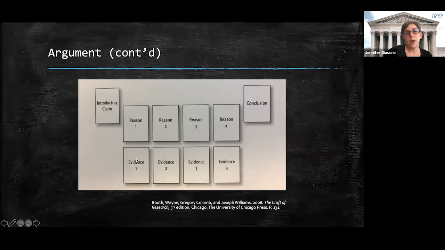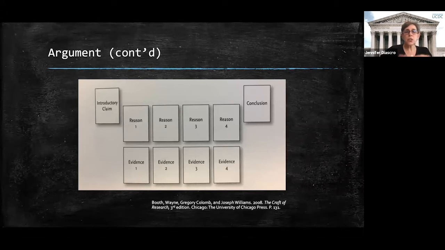And I have maybe 2 pieces of evidence that support reason 1. You might have 10 pieces of evidence that support reason 2, and 1 piece of evidence that supports reason 3. But all together, those things create this argument that leads you to this conclusion, which is really often just a restatement of your introduction.